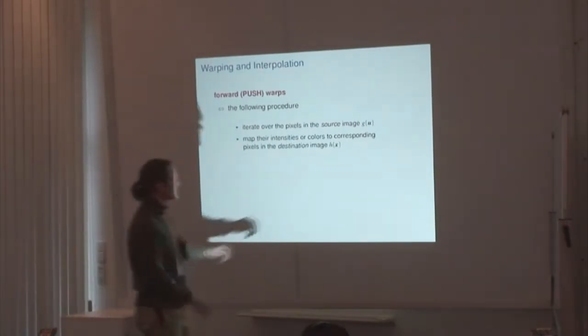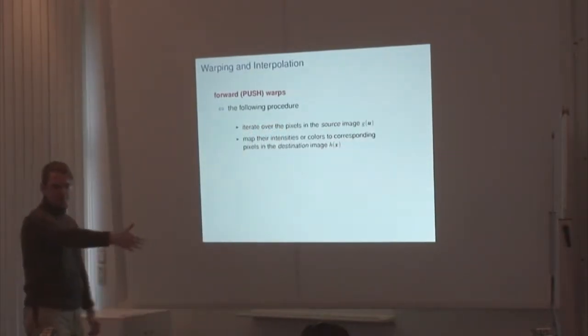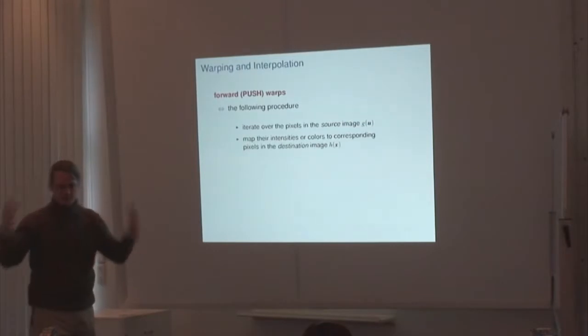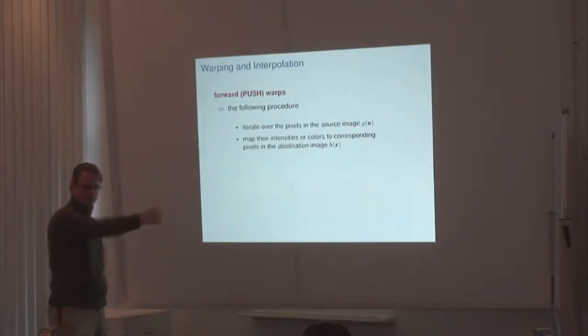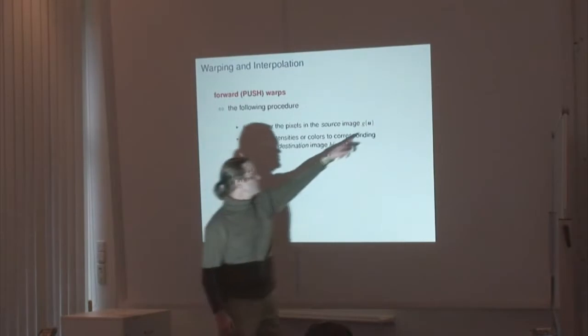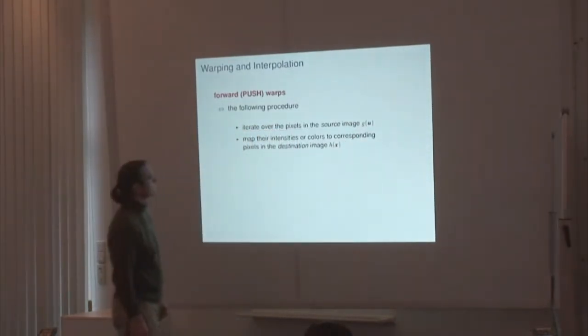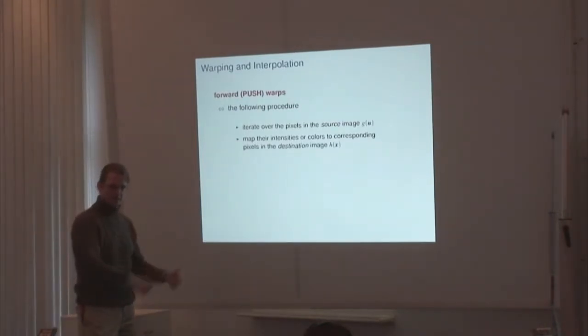We are given a source image G, and we iterate over all its pixels. If we think of it naively, it's two nested for loops, one over all the rows, one over all the columns. We iterate over all the pixels at coordinates u in this image G, and compute the corresponding transformation T of u that gives us a new coordinate x.